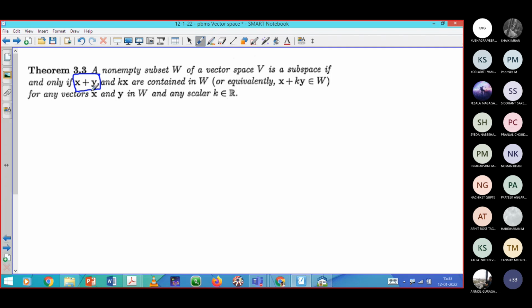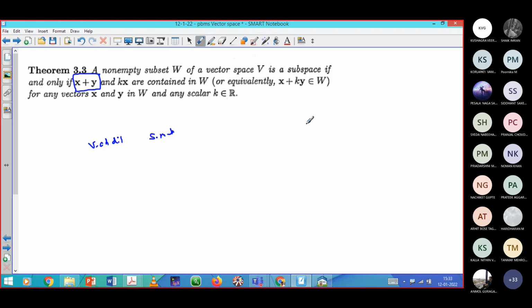Can you guess what property will be proven, vector addition or scalar multiplication? If it is true for x plus y, what condition does it reveal? I'm repeating the same question.